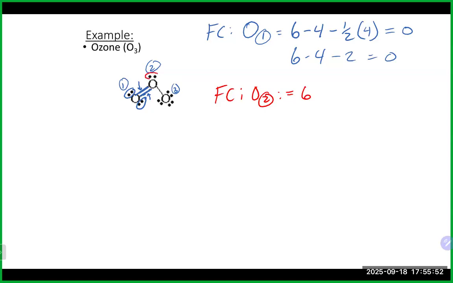In the case of number 2, it has 2 non-bonding electrons, minus, again, 1/2 our number of bonding electrons, so 1 bond, 2 bonds, 3 bonds, and that means there are 6 electrons, and that gives me 6 minus 2, which is 4, minus 1/2 of 6, which is 3, and that's going to be a +1 happening there. Again, if you just do bonds, 6 minus 2 minus 3 bonds is +1, which might be easier just to do the bonds.